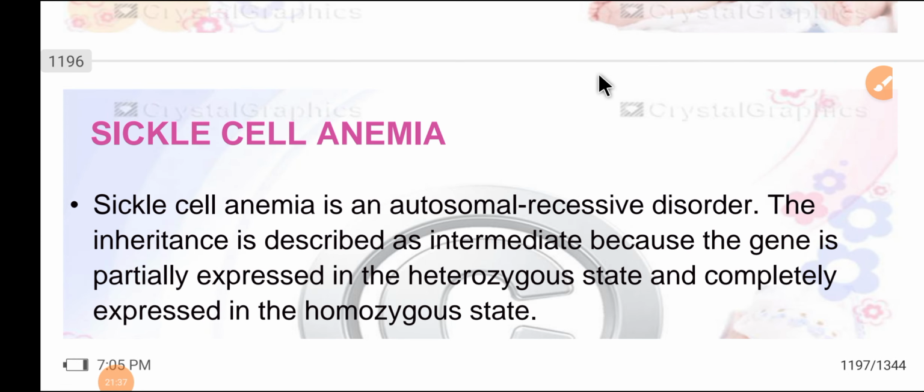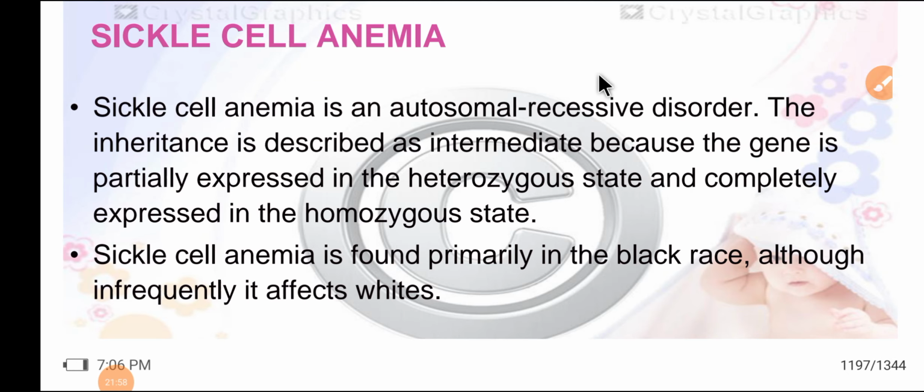It is an autosomal recessive disorder. The inheritance is described as intermediate because the gene is partially expressed in the heterozygous state and completely expressed in the homozygous state. Sickle cell anemia is found primarily in the black race, although infrequently it affects whites.